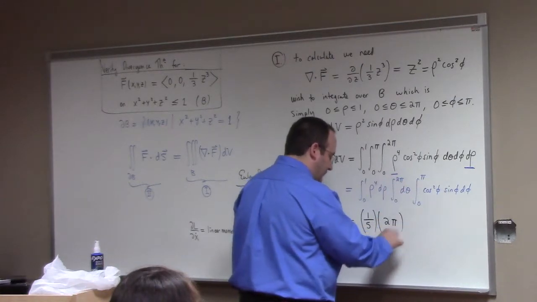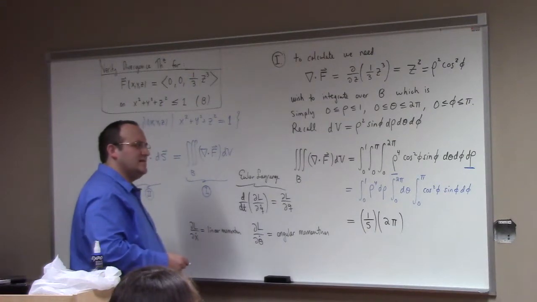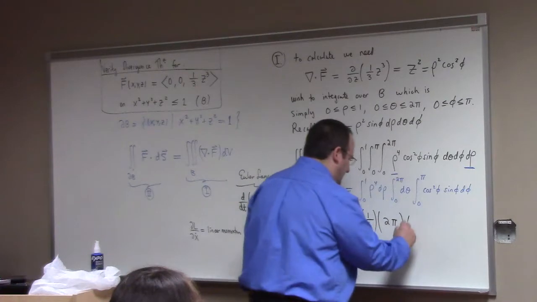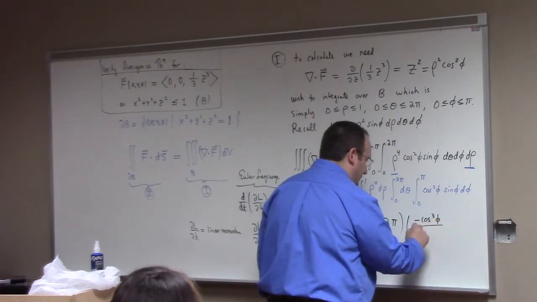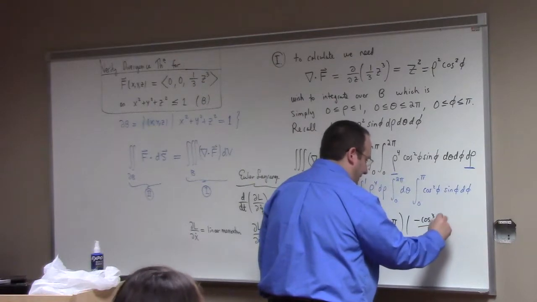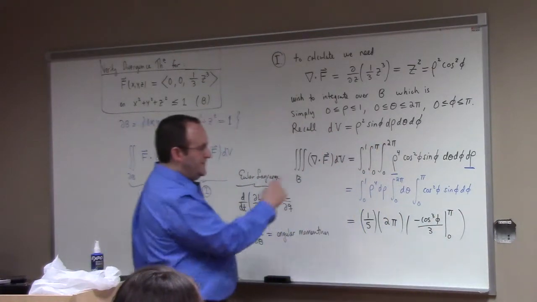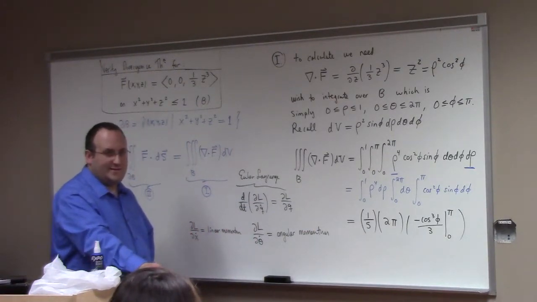So 2 pi, and then something we actually have to think about. I do believe that is a minus cosine cubed phi over 3 antiderivative. Differentiate that, see if I'm right. That's right? Yay.